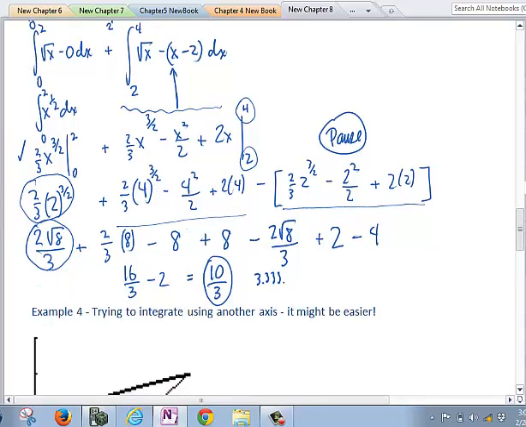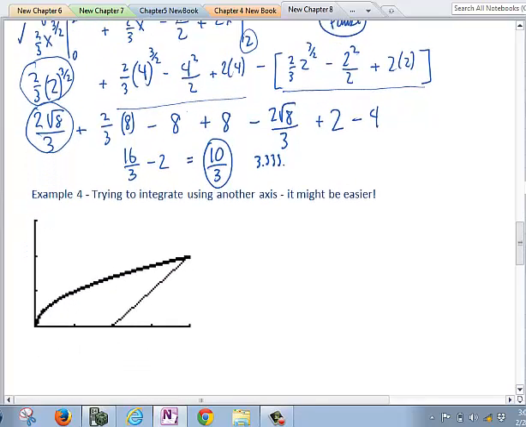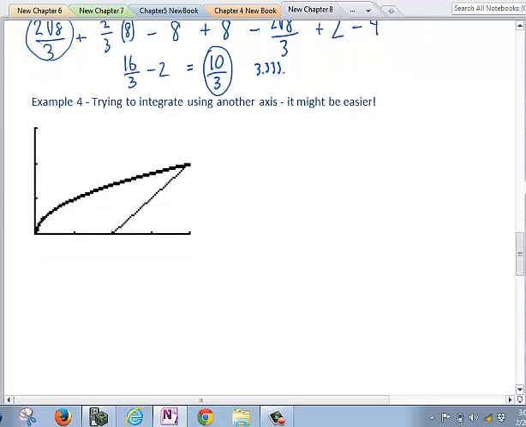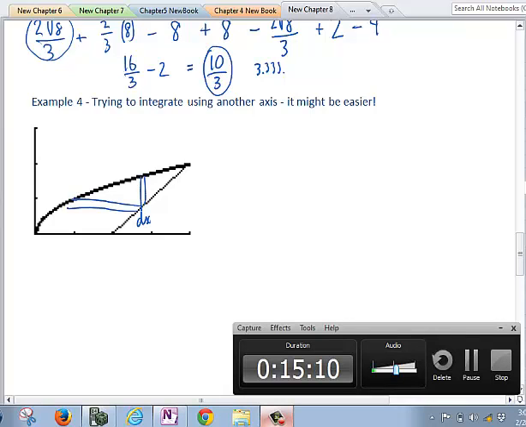And now we have one more type of integral to do. Sometimes it might be easier, instead of using a dx integral, to switch to a dy integral. Now, I'm going to pause the video and I'm going to clean up the drawing, and then it's going to be a couple more minutes on doing a dy integral.